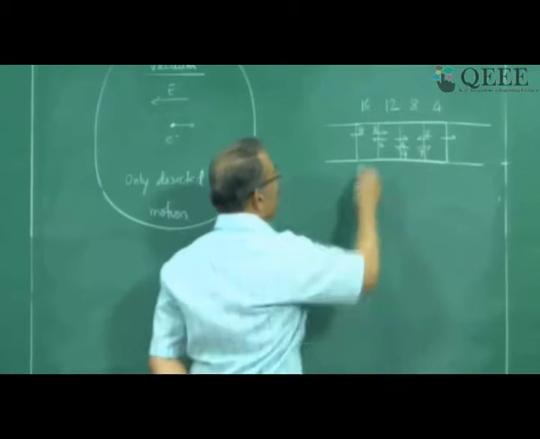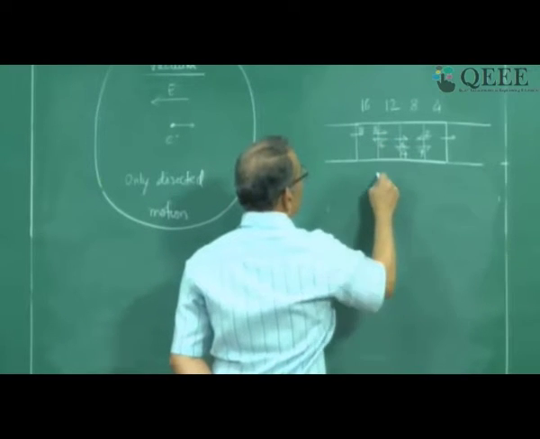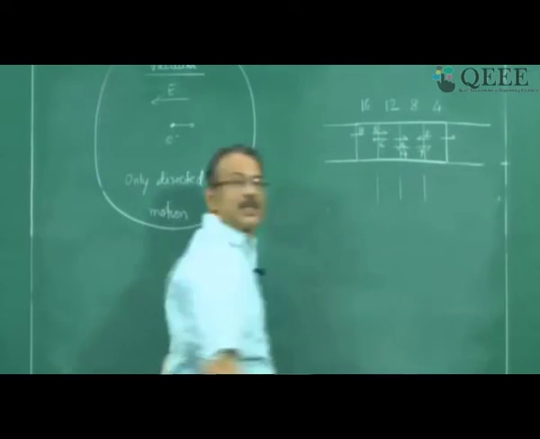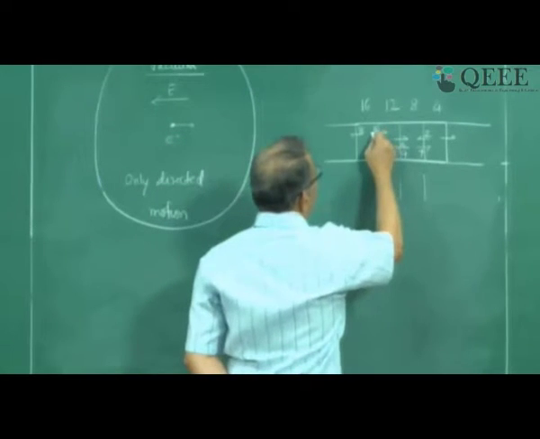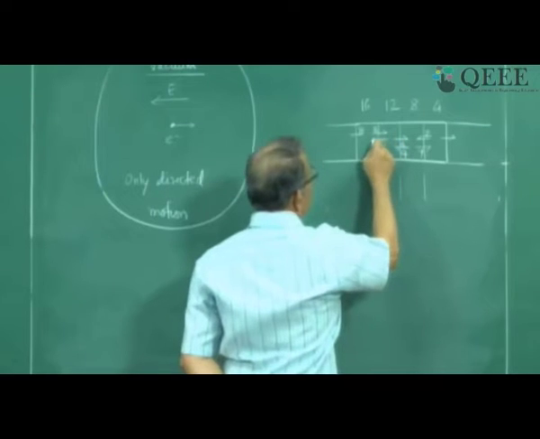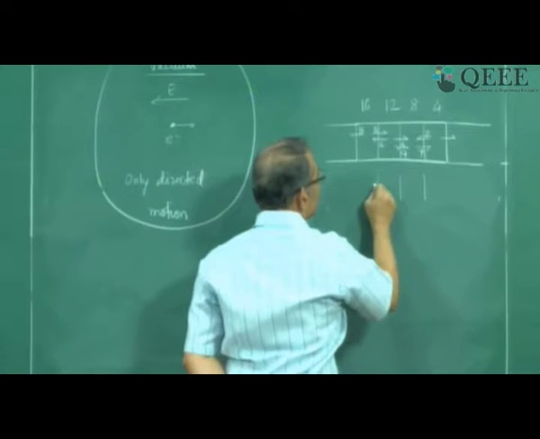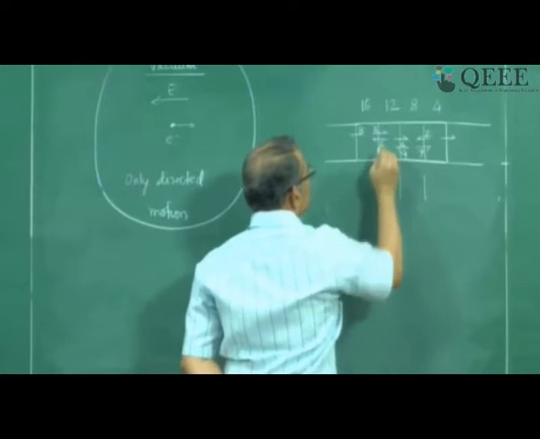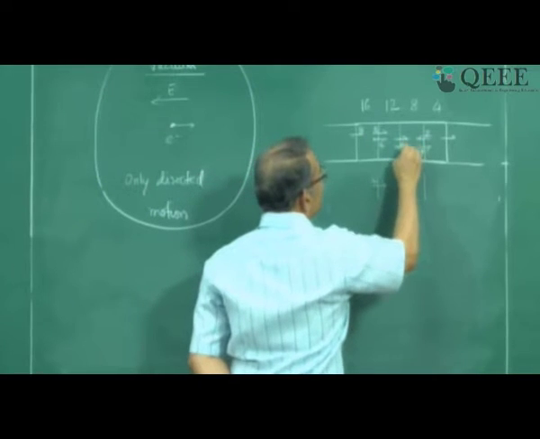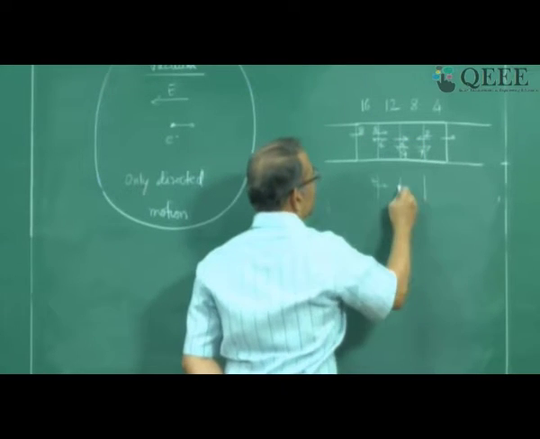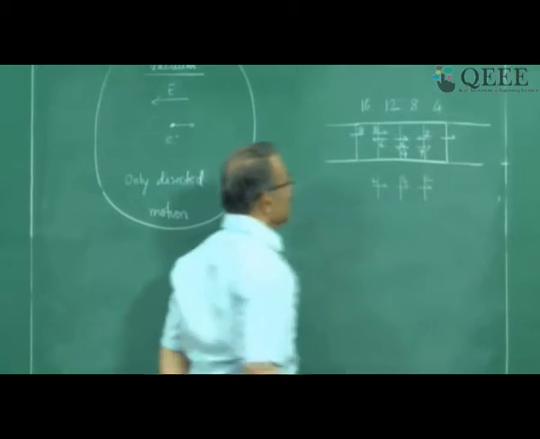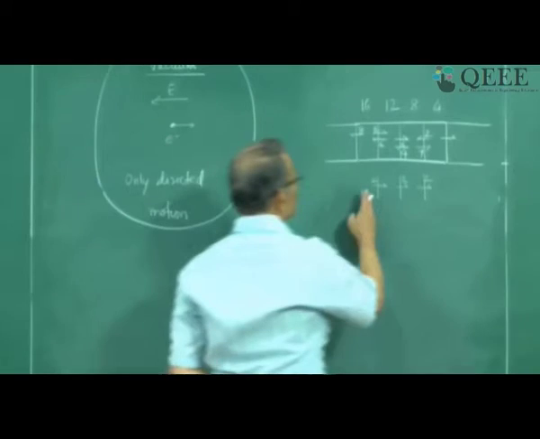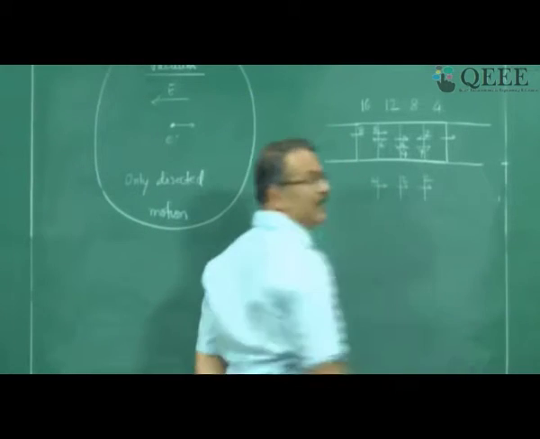If I look across each of these planes, I will find that 8 electrons are moving from left to right and 6 from right to left, which means there is a net of 2 electrons moving like this. Similarly here 6 in this direction, 4 in this direction, net 2. Here similarly 2 in this direction. So you see that there is a net motion of 2 electrons in the rightward direction.